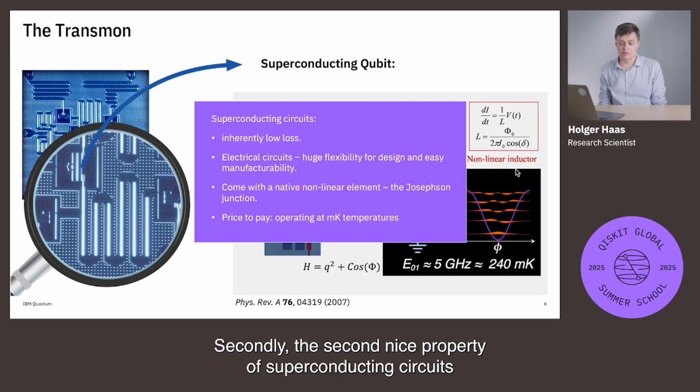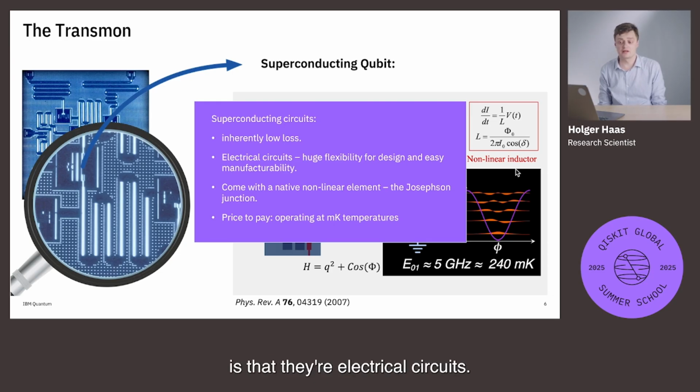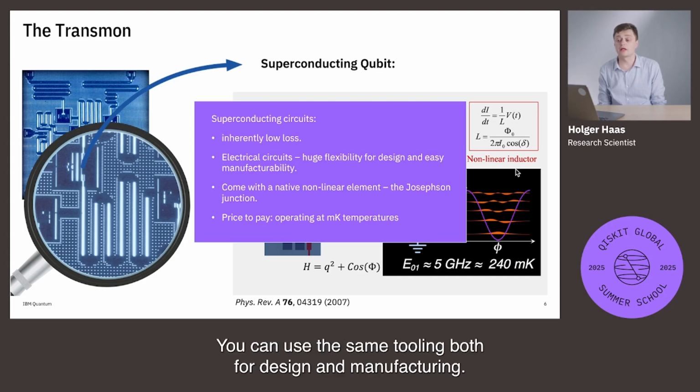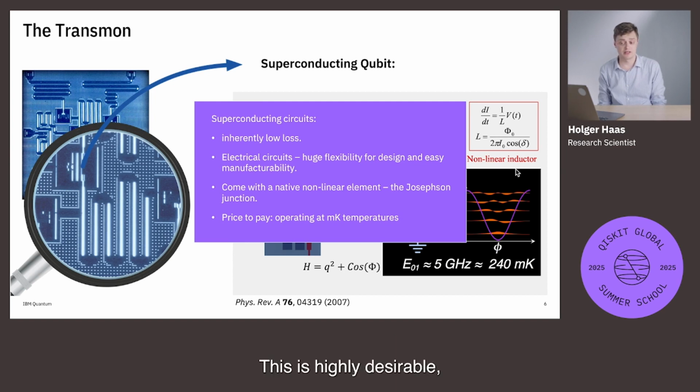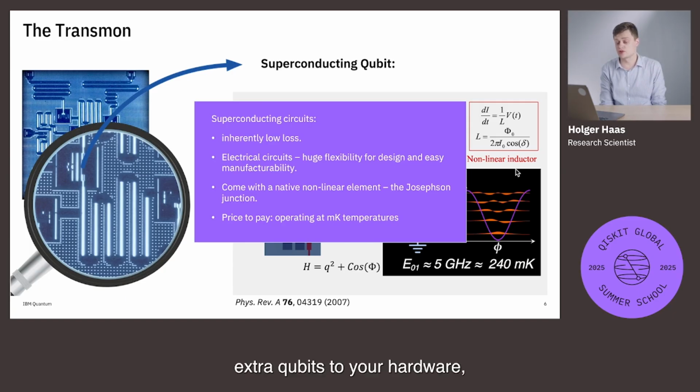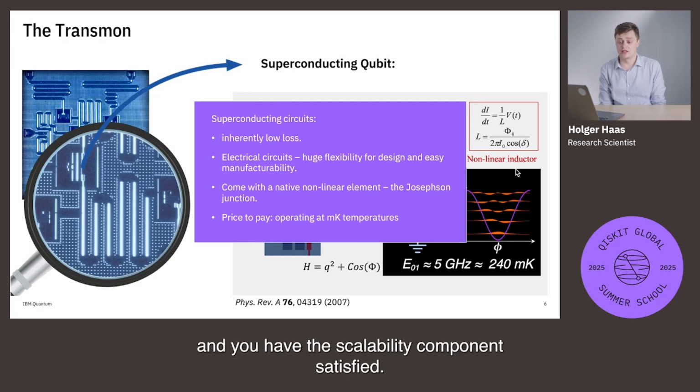Secondly, the second nice property of superconducting circuits is that they're electrical circuits. So that means that you can engineer them, you can design them just like any other electrical circuits. You can use the same tooling, both for design and manufacturing. This is highly desirable, and you can extend these circuits. You can add these extra qubits to your hardware, and you have the scalability component satisfied.